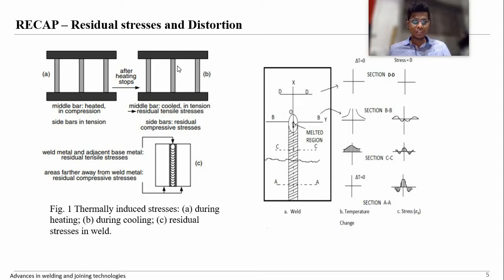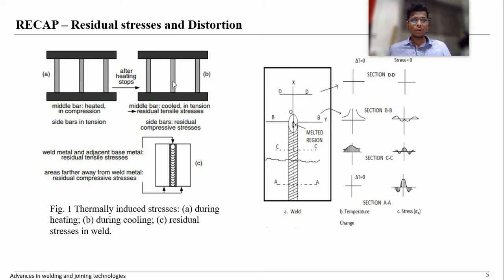However, these three bars are rigidly fixed, so the middle bar, as it gets cooled, will try to contract, because from higher temperature to lower temperature, contraction happens in general.